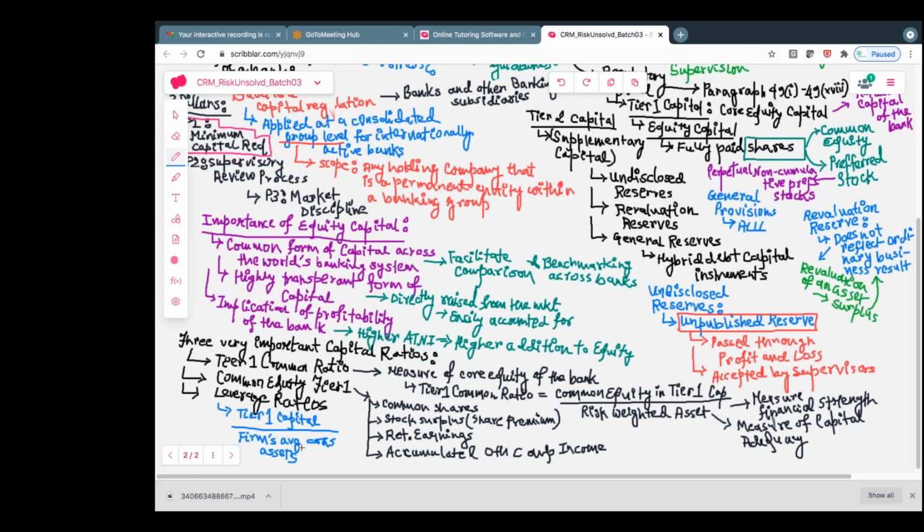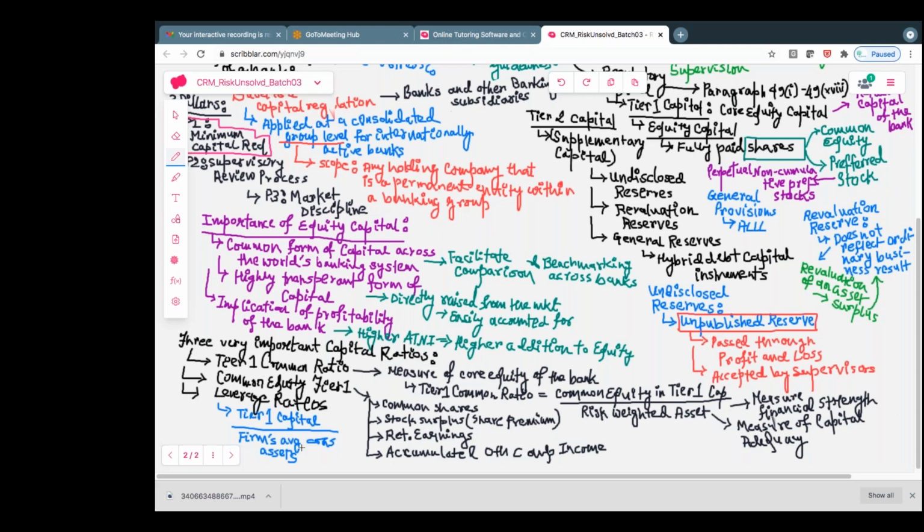So these are the core three capital ratios which help us capture the bank's capital adequacy, as well as the bank's ability to leverage up its capital. So that's the part that we have been talking about, right?